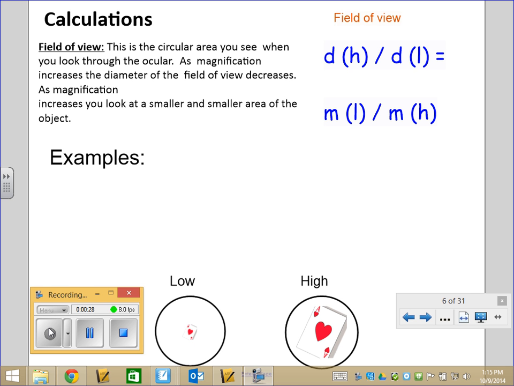On the right, I have a little formula or ratio that we'll take a look at, but I'll do an example to illustrate that. So if you could just note what field of view is and what happens to field of view as magnification changes, I'll do an example to illustrate the ratio.